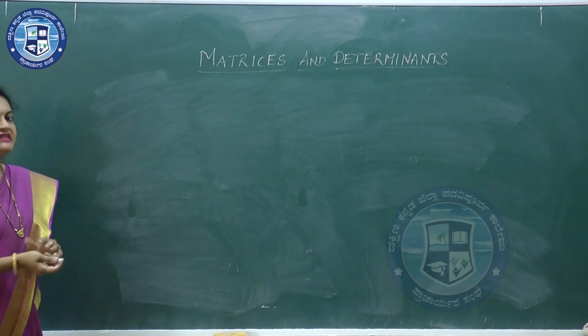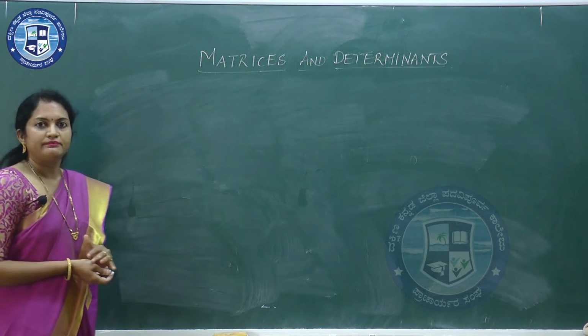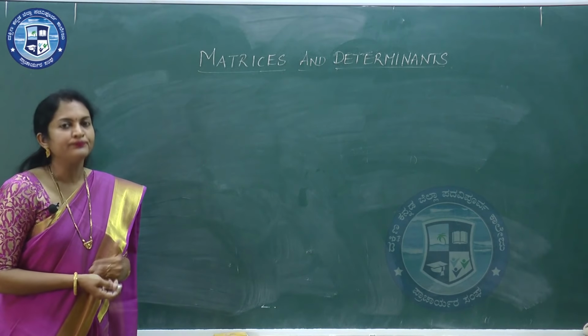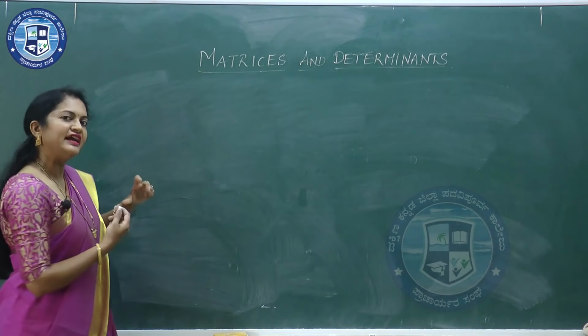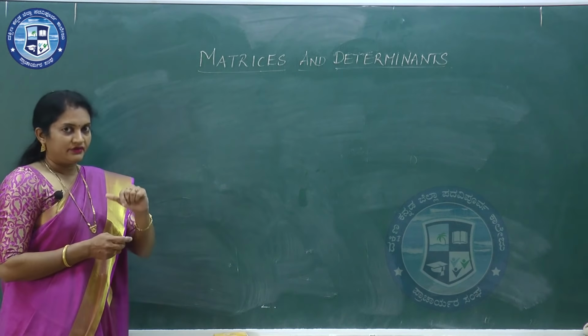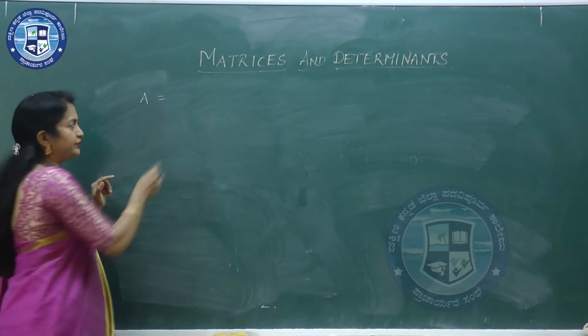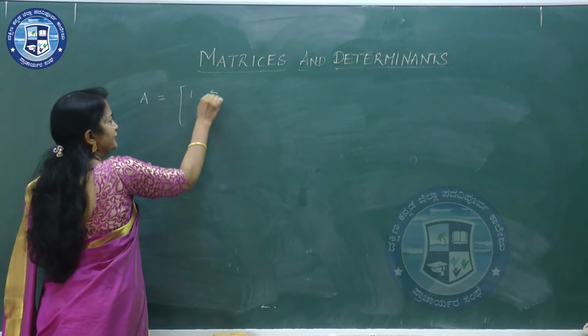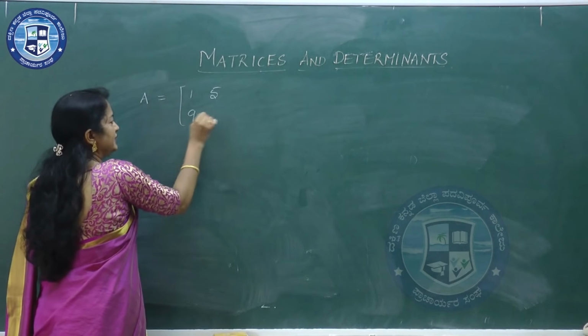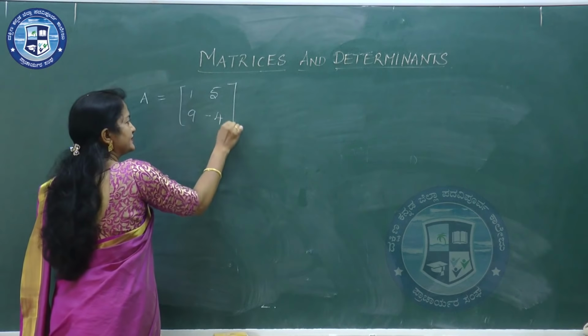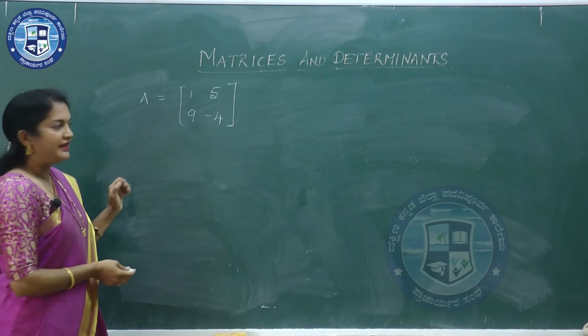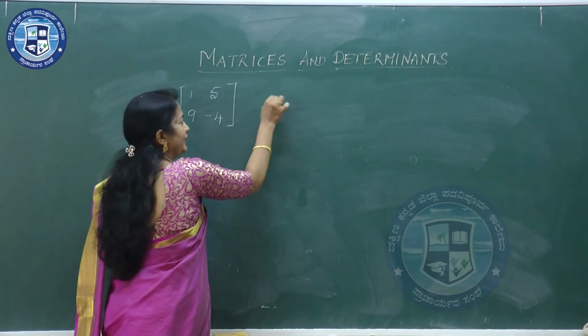Now we had seen what scalar multiplication is, and we apply it for the transpose of a matrix also. Let us see. Suppose A is equal to 1, 5, 9, minus 4. Then find 5A dash.